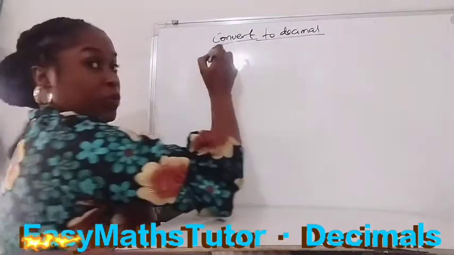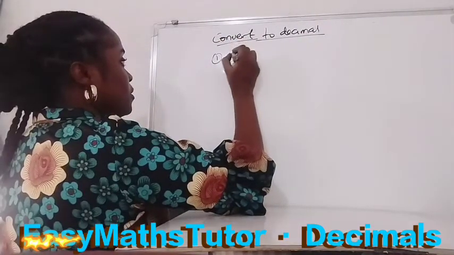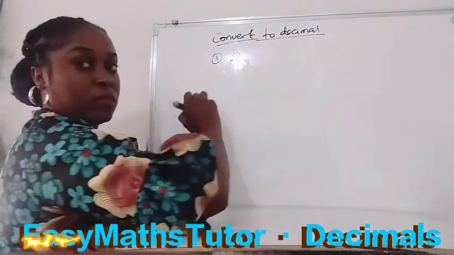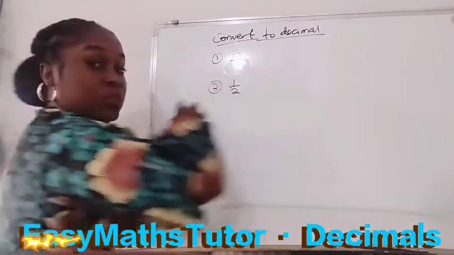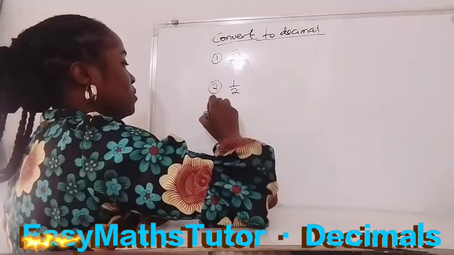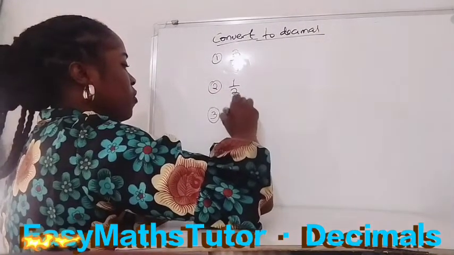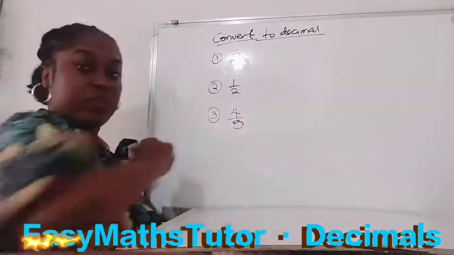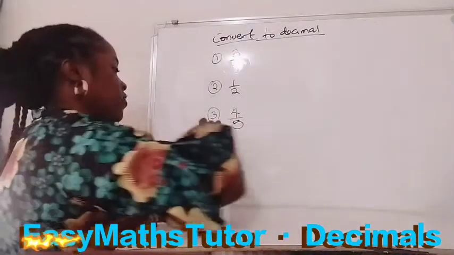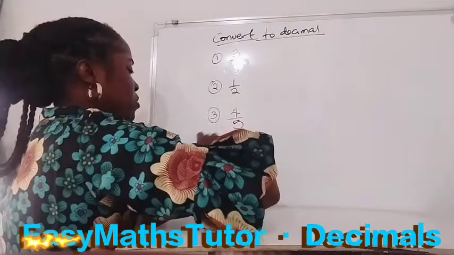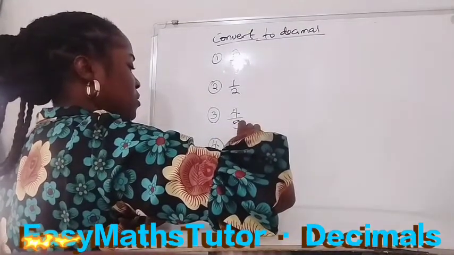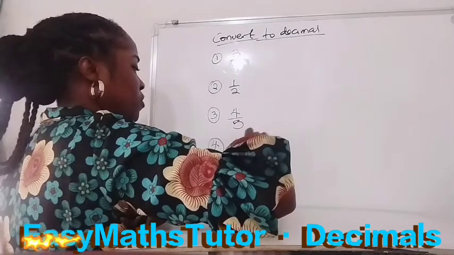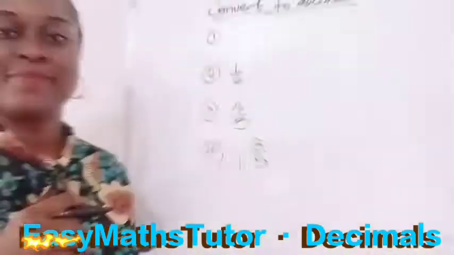Now we have the first one, which will be 3/4. The second one will be 1/2. And the third one will be 4/5. Then I'll add the fourth one, which will be 1 whole number, 3/5.